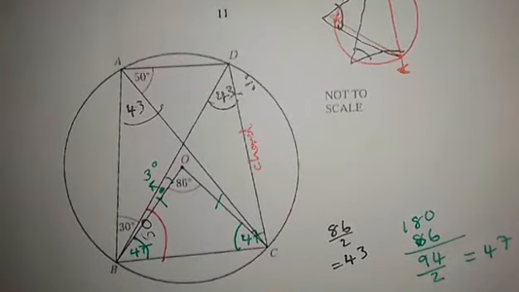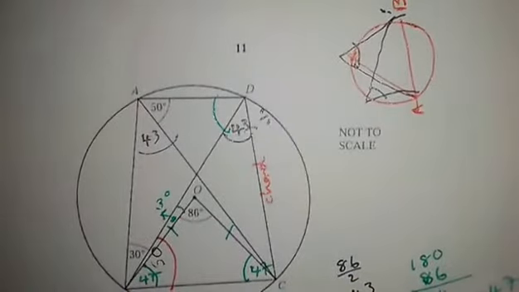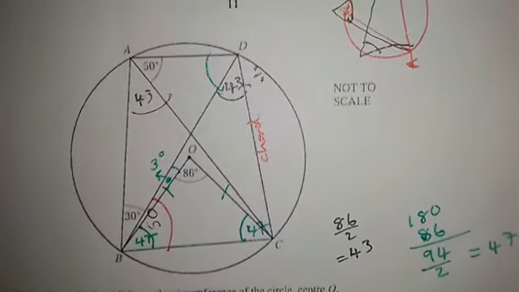Right. Then another angle we want is the angle at D. We want to find that angle. It was tricky to find. Because from D going to A to B, it is a triangle, and the sum of angles in a triangle adds up to 180.